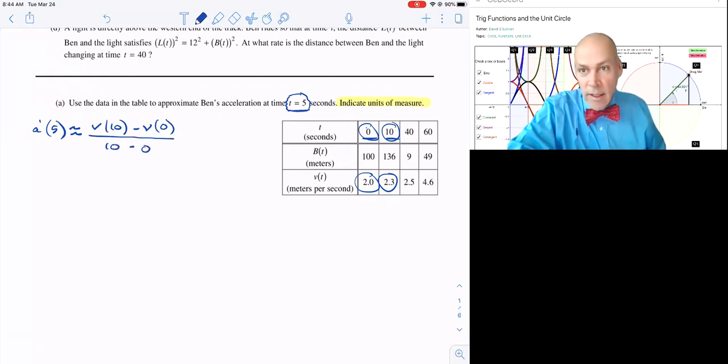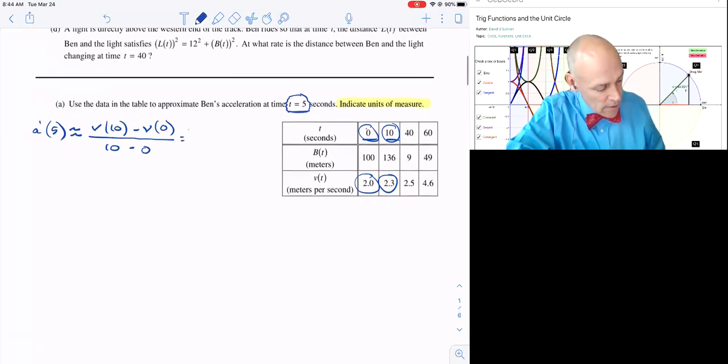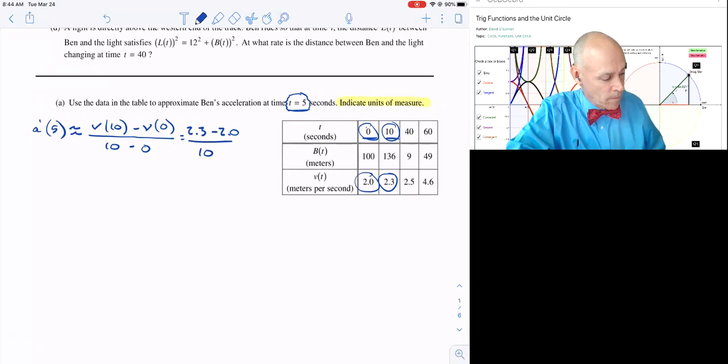I can't leave my answer like that because it's not numeric, so I just have to drop in v at 10 is 2.3 minus v at 0 is 2.0, over 10. Then I'm asked to use units of measure. Units for velocity are meters per second. And I have to remember my units for time, which I have here in the denominator, would be seconds. So I'd have another second, so that would be meters per second squared.